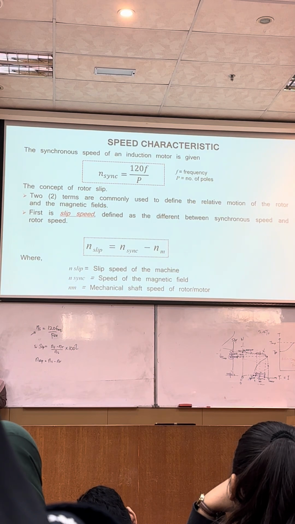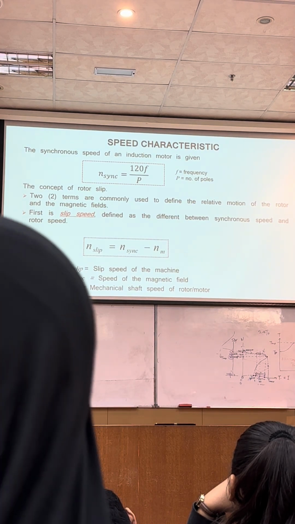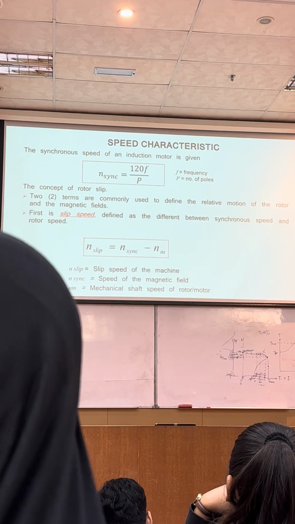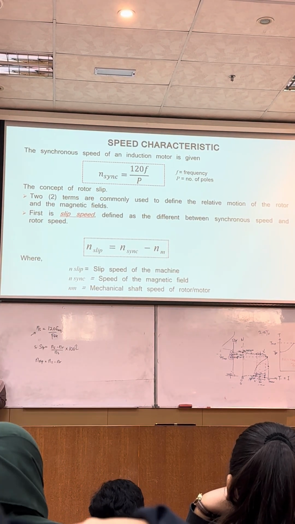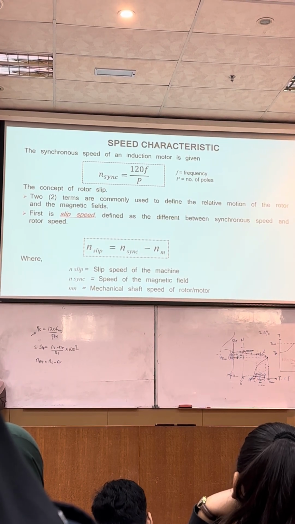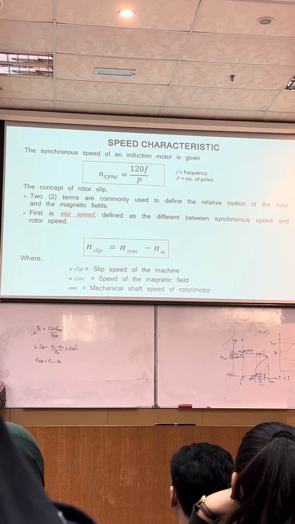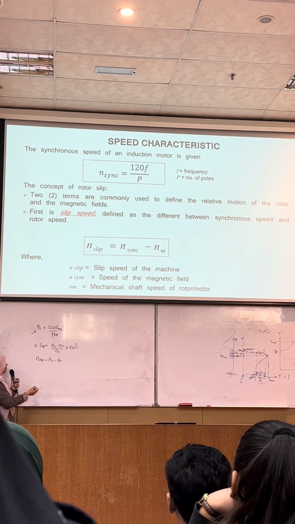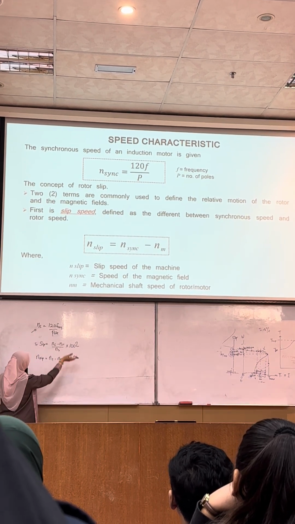Tapi on operation kita tak pakai that 3000. Kita nak tahu what is the speed of the motor at a particular load. Let's say your load is 10 ampere. What is the speed? Or your torque load is 10 Newton meter. What is the speed of the motor? Okay, so to find the speed, manipulate all this equation.